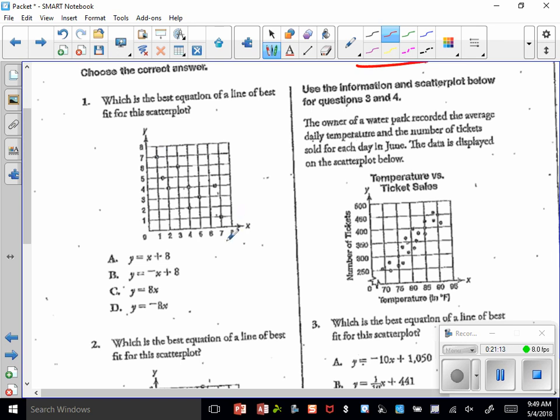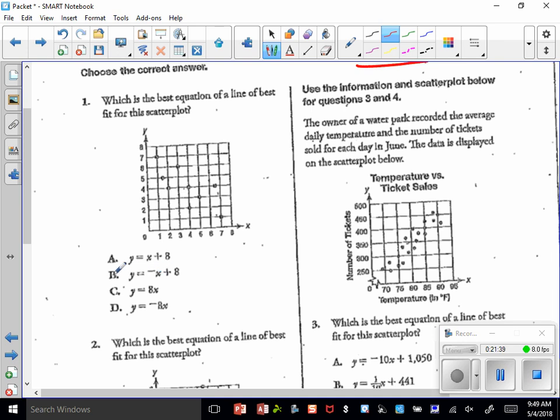I always look, if it's multiple choice, to see if it's going in a positive direction or a negative direction. So these dots are going in what direction? Positive or negative? So it should have a negative slope. I'm not going to do any work, and I already see this is the only option that has a negative slope. And that's the only thing I did there.